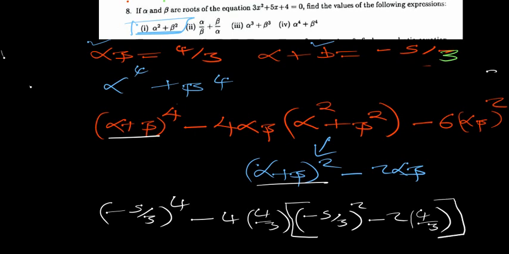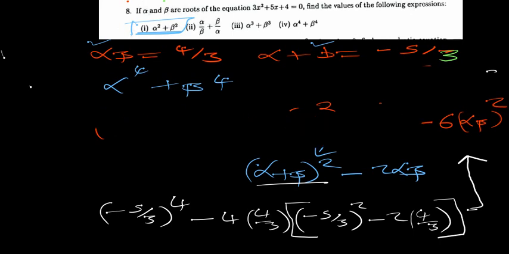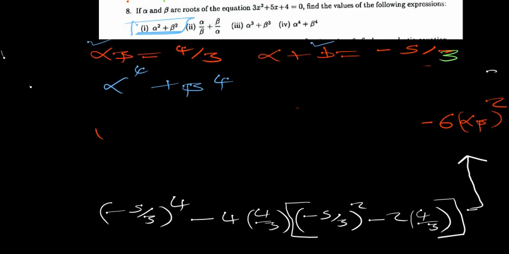Okay, and then minus the last part, 6 alpha beta, which is 4 over 3. Now it is squared. So just simplify this and see what it gives you.